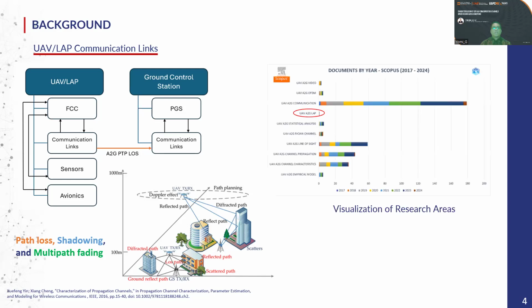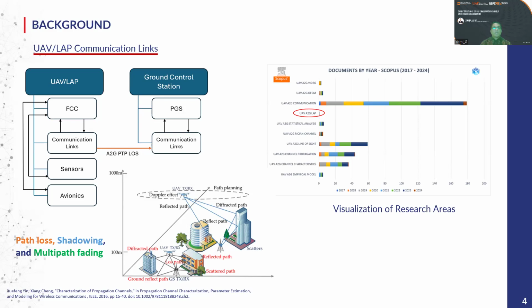in signal quality. Next, we observe a visualization of the research area based on document index in Scopus from 2017 to 2024. Research on UAV A2G communication has not shown significant growth in recent years.